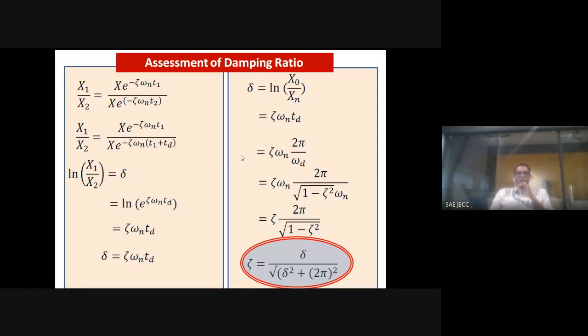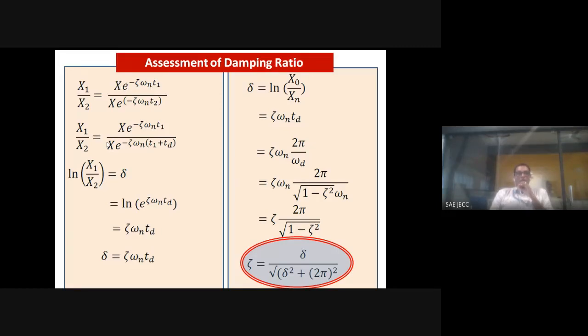This is something related to the mathematical analysis, but I will limit the presentation to this slide because mathematics is not suitable for all branches of engineering, or may not be comfortable for many people participating in this webinar. So if you take just x1 by x2, that will be the ratio of the successive amplitudes.